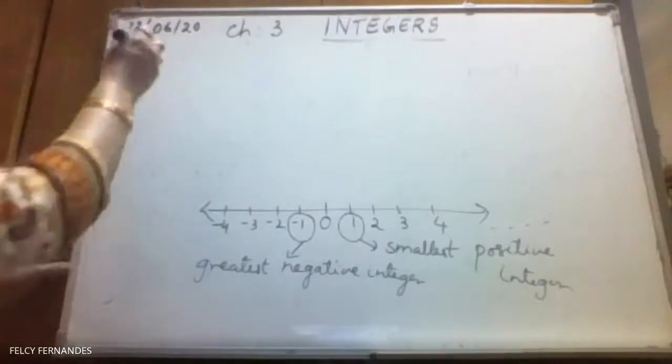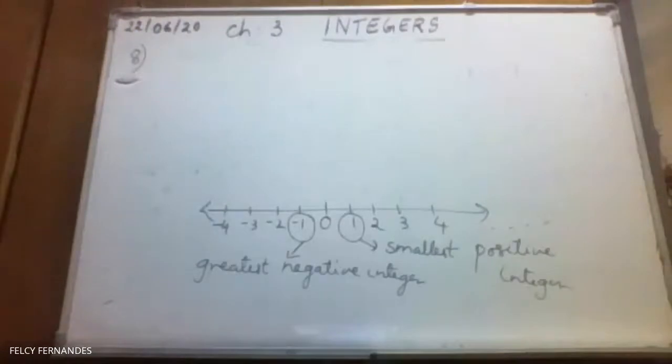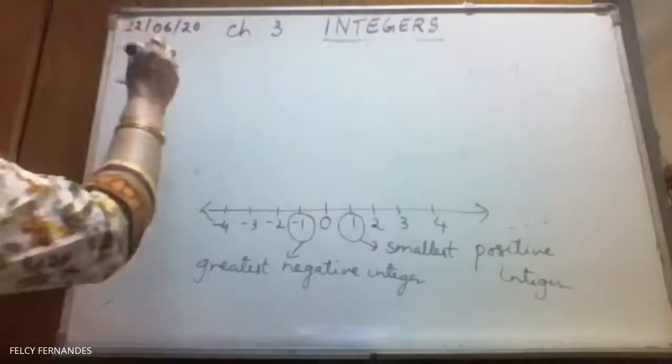And after drawing, we'll write down the 8th point. 8th point is 1 is the smallest positive integer.